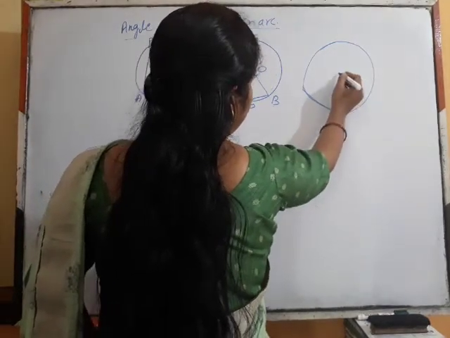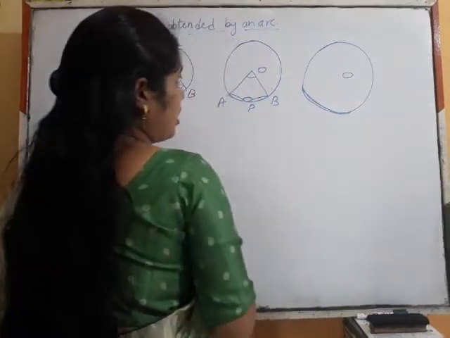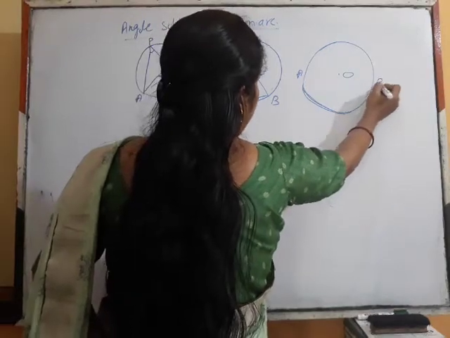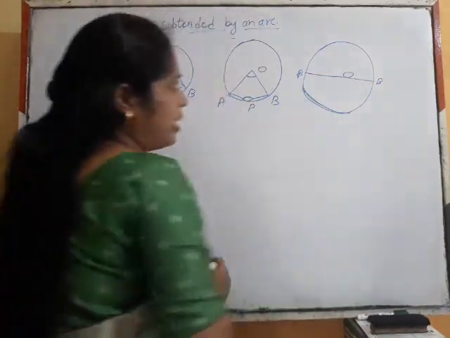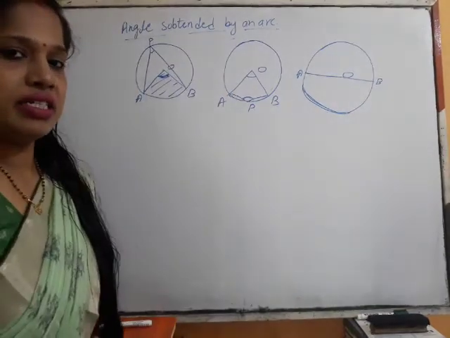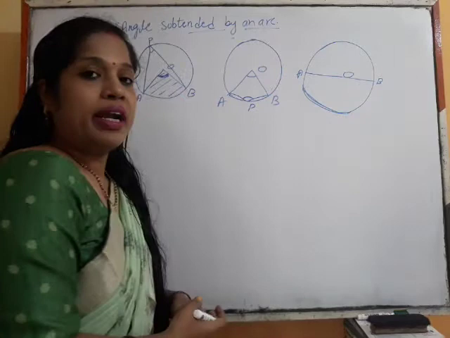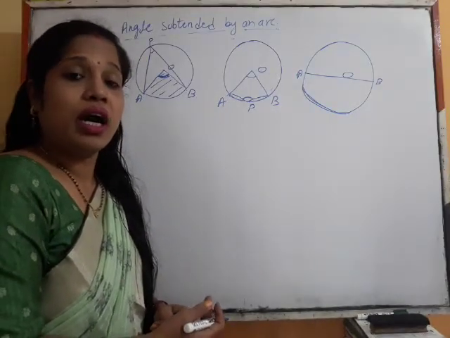Now take another circle. This is center O. If I make a diameter, this diameter divides the circle into two equal arcs.